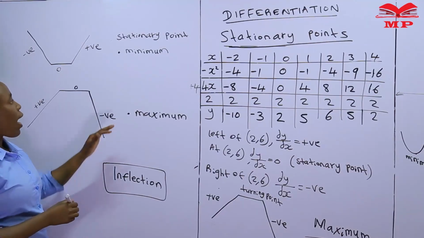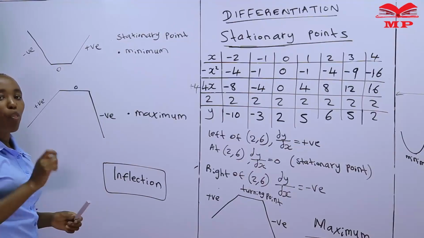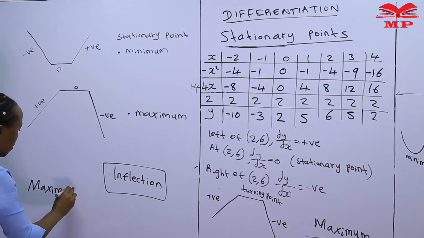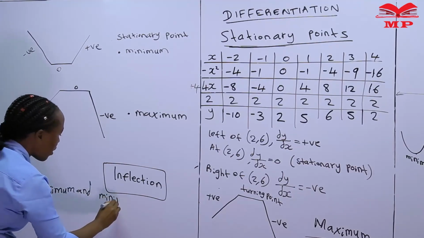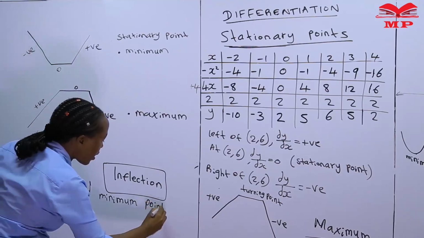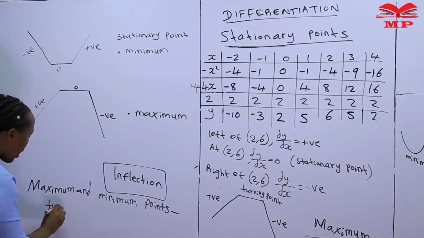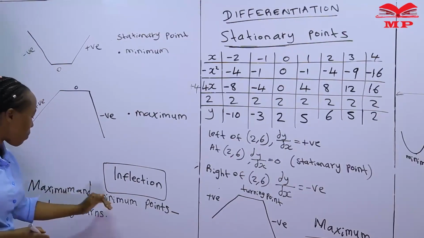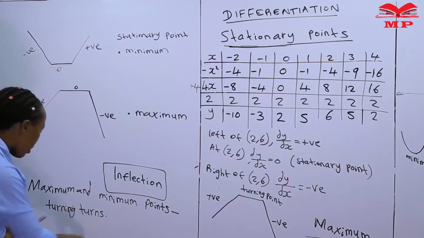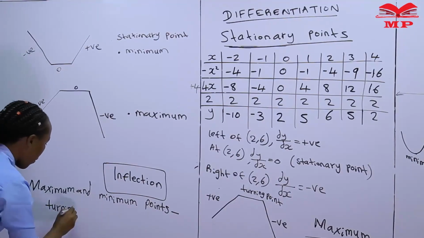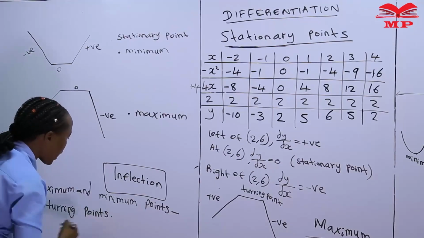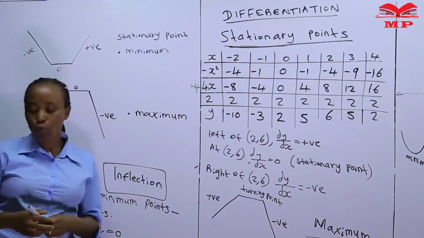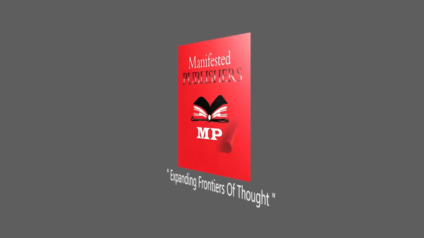So you need to know that maximum and minimum points are referred to as the turning points. And we have seen that the gradient, dy/dx, at the turning point is equal to 0.